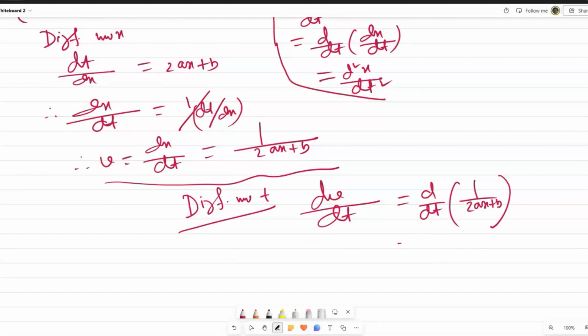See, I'm writing here in this form. d by dx of 1 by 2ax plus b into dx by dt. If you accept, then it's fine. Otherwise, we'll stop here. We have used chain rule only. We have taken dx here, multiplied by this.